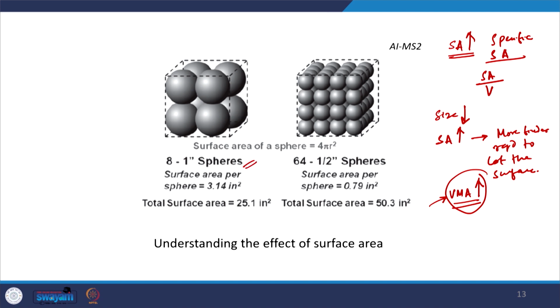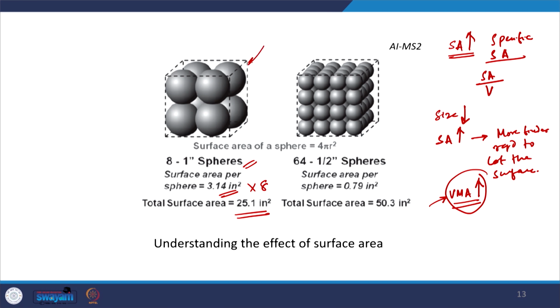If you calculate the surface area per sphere, the surface area is basically equal to 4 by 3 pi r cube. If you do the calculation, you will get 3.14 inches square, and if you multiply this with 8, you will get 25.1 inches square.